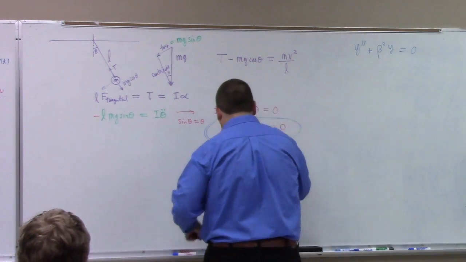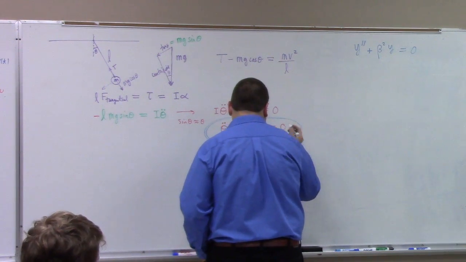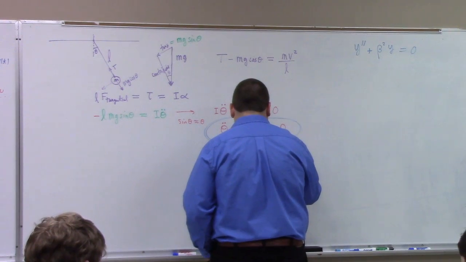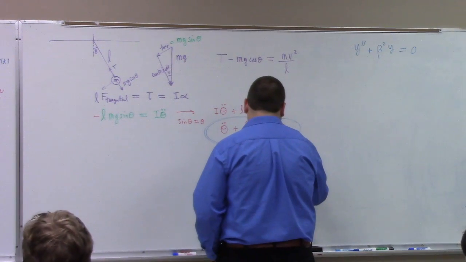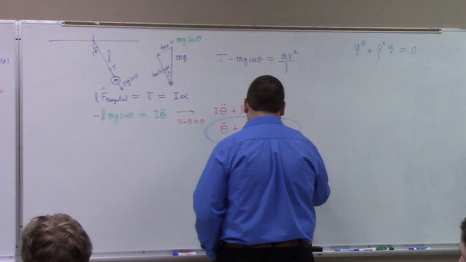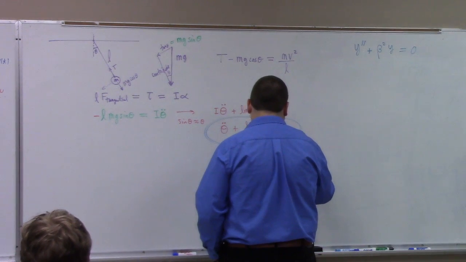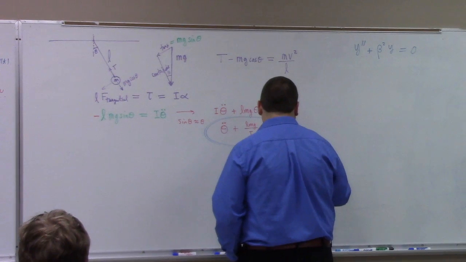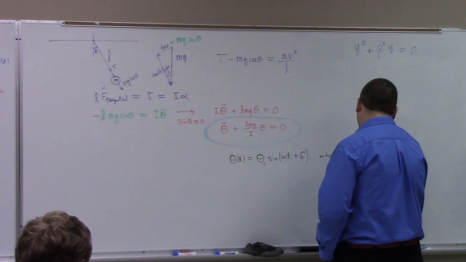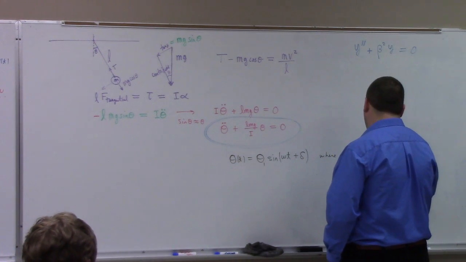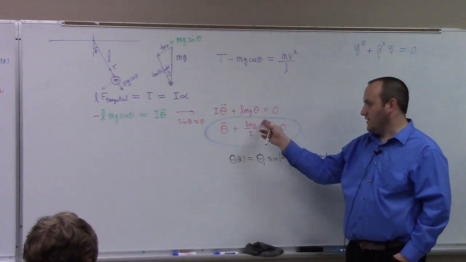the solution is theta of t is equal to some theta, let's call it theta naught. I guess we're using sine, so maybe I should call it theta 1. Theta 1 sine of omega t plus delta, where omega is the square root of that.